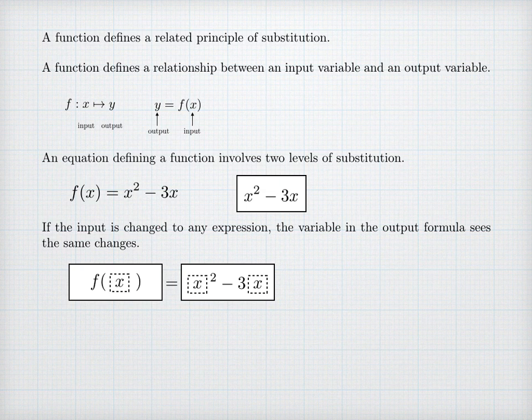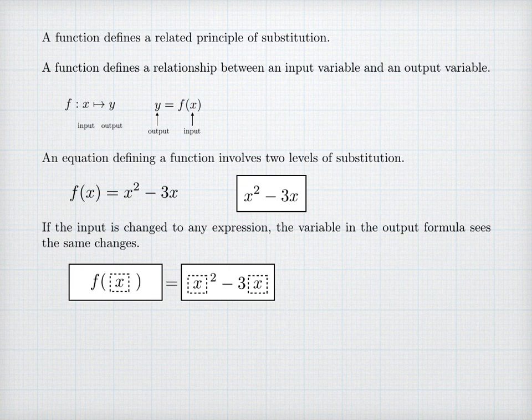But the way that function notation is so powerful is that the input represents a second level of substitution. If the input is changed to any expression, it could be a number, it could be a formula, wherever the input variable appeared in the output, each of those is going to be replaced by my input. For us there were two of them: x appears in x squared and also in 3x.